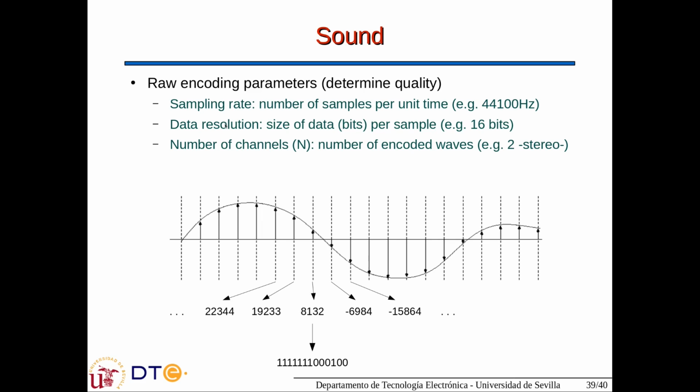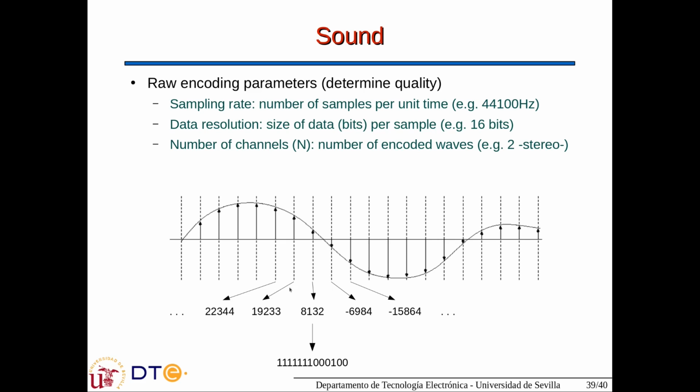If we use more bits, the number can be more accurate, representing the point in the audio waveform. In the standard CD quality, we use 16 bits. It gives us more than 3,000 possible different values. So every sample will be converted to a number that we can represent with 16 bits.